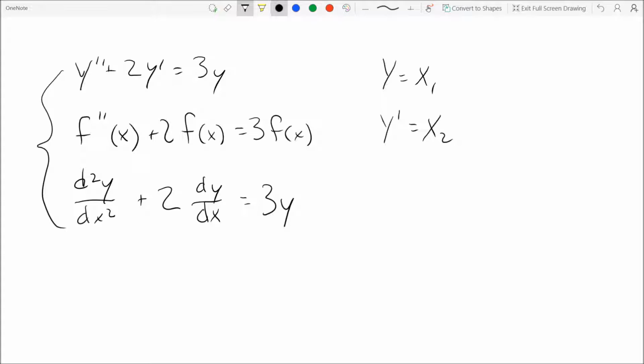And so if we then differentiate this, we can get y prime equals x1 prime equals x2, and y double prime equals x2 prime, and it also equals, going back to our original equation, 3y minus 2y prime.